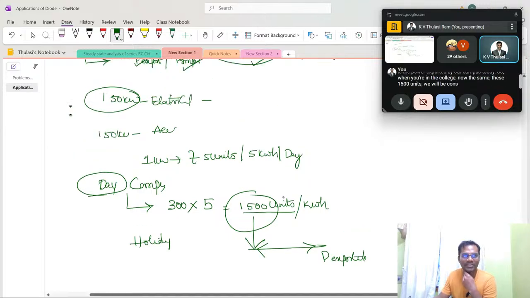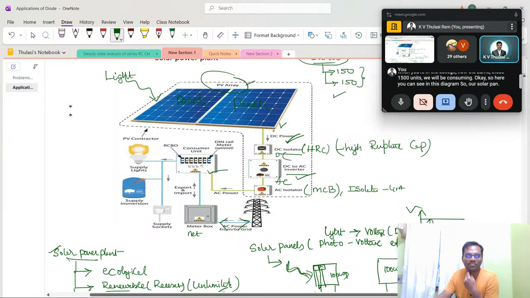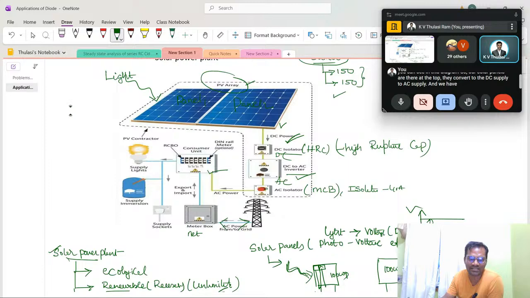Here you can see in this diagram, our solar panels are at the top. They convert the DC supply to AC supply, and we have the inverter, connected to here. Now our solar plant has generated how many units? 1500 units, and no one is there to turn on the fan, light or computer.